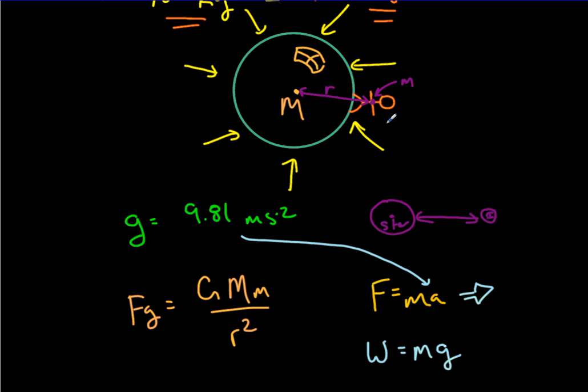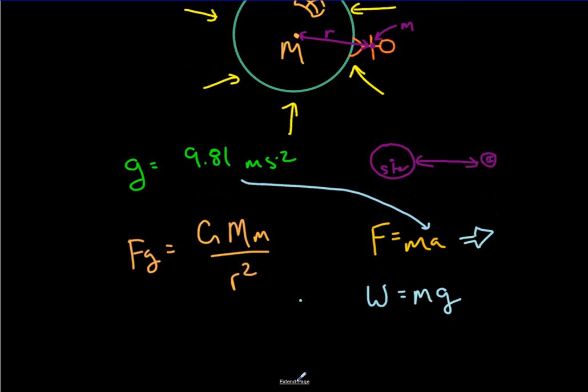We can either calculate the force that this person will feel as Fg equals GMm over r squared, or as weight equals m times g at the surface of the planet, because we know what g is here, right? If we know what g is, we can make these two equations equal to one another.